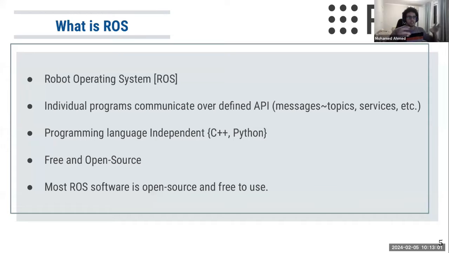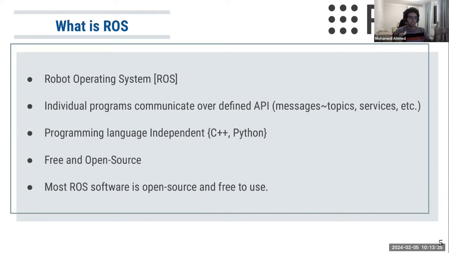All of this is handled by the operating system. We know Windows, we know Linux, and we know macOS. All of these are operating systems. And for mobile phones, there's Android and iOS. All of these are operating systems.